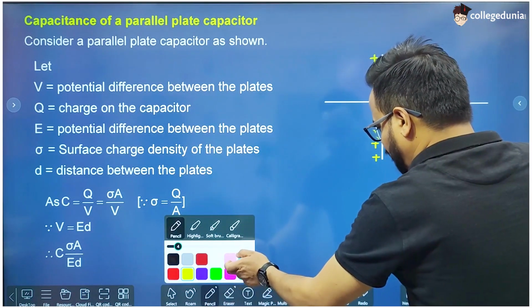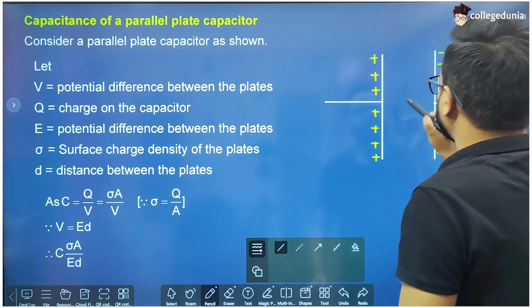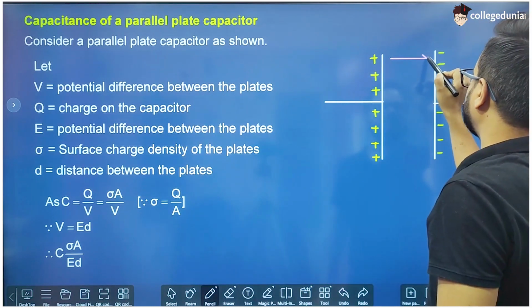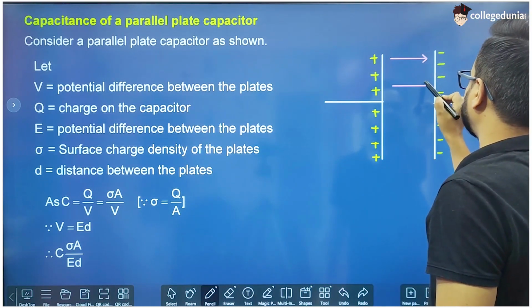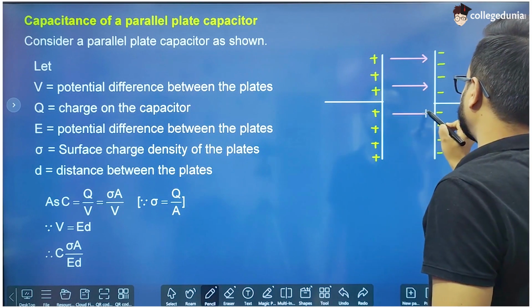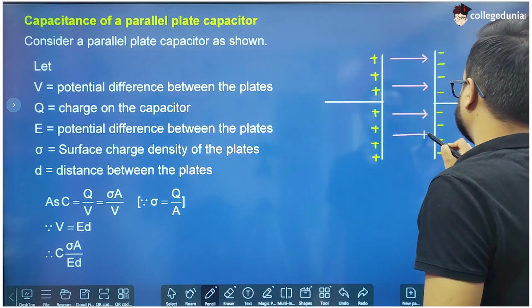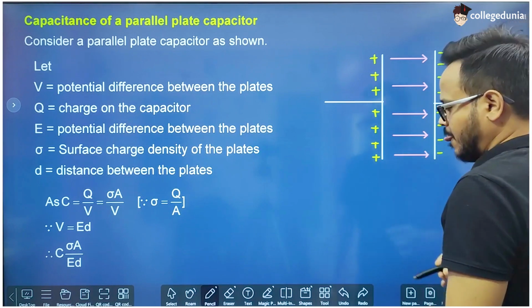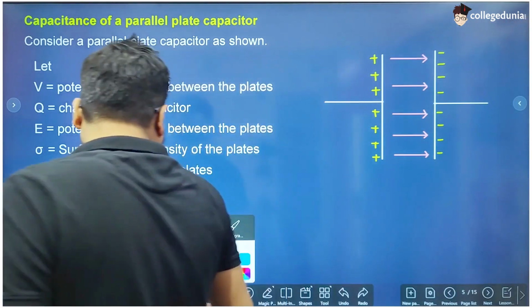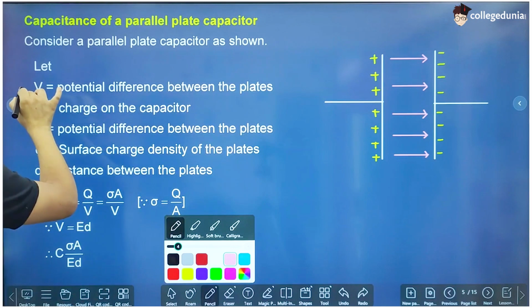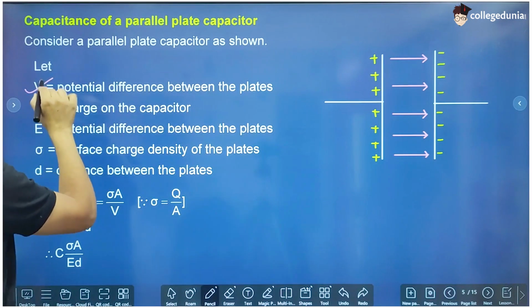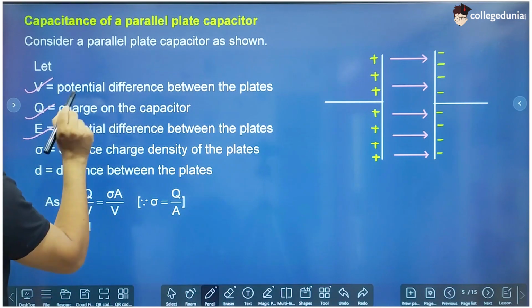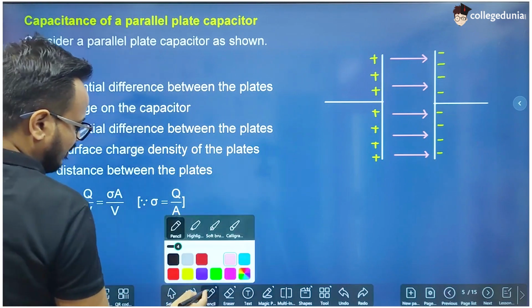Obviously, whenever there is one positive plate and other negative plate, there must be an electric field. So there is an electric field E between the plates of this capacitor. Now all the parameters are given here. V is the potential difference between the plates. We know Q is the charge on the plates. E is the electric field between the plates.